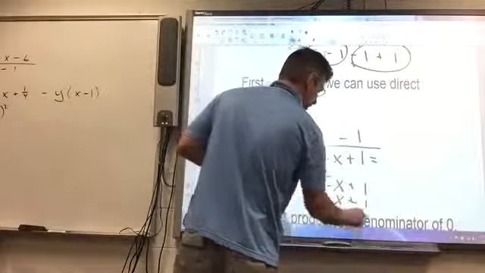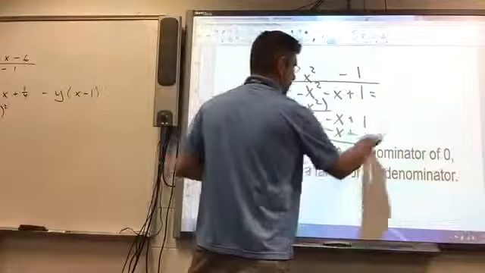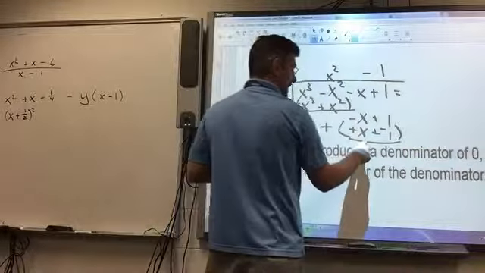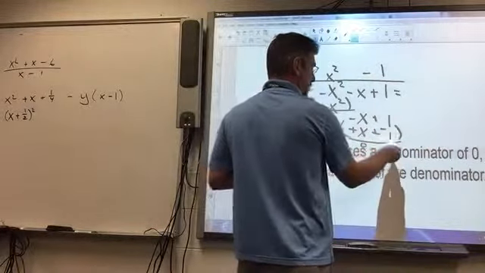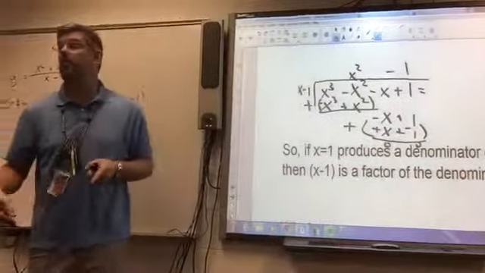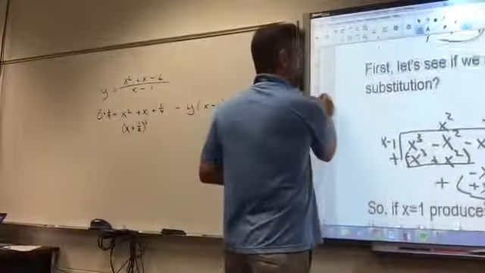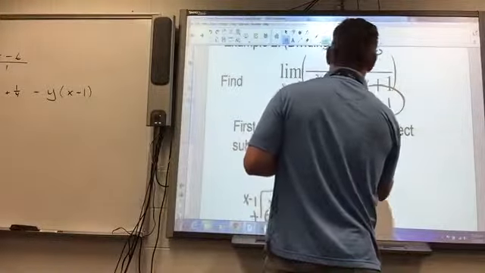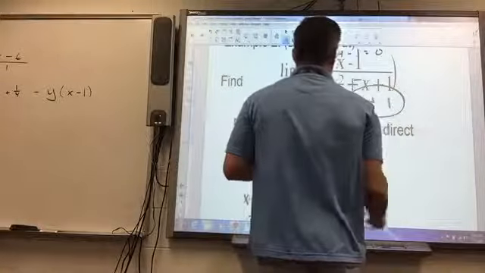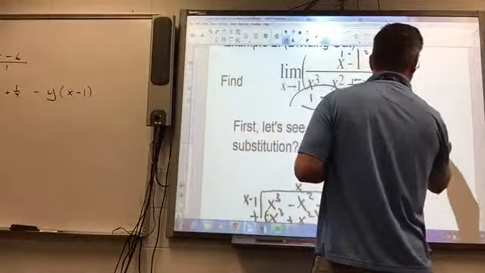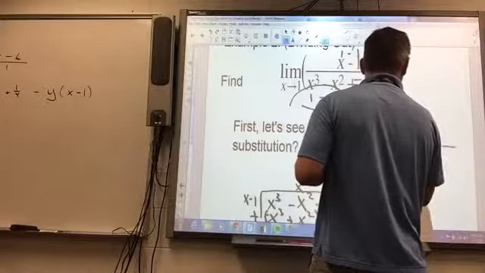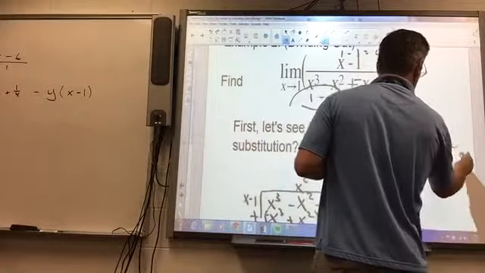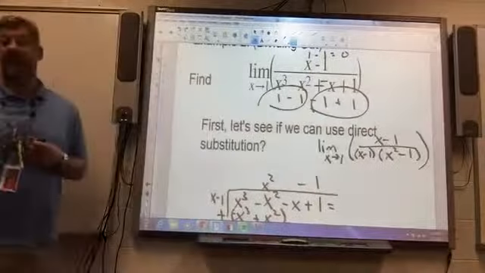Plus 1. Let's do it the long way, though. Minus, distribute the negative. Negative x plus positive x, 0. Positive 1 plus a negative 1, 0. So x squared minus 1. So this function right here is the limit as x approaches 1 of x minus 1 divided by the quantity x minus 1 times x squared minus 1. Like that.